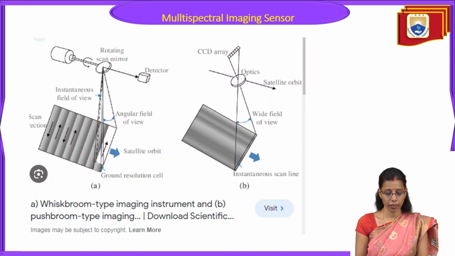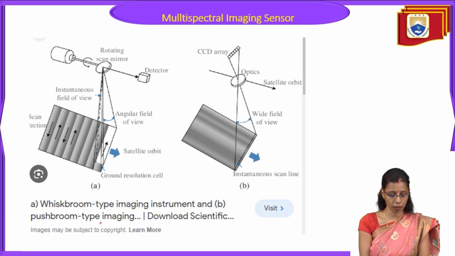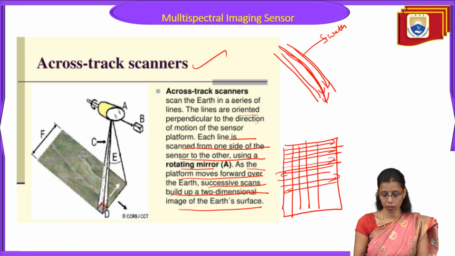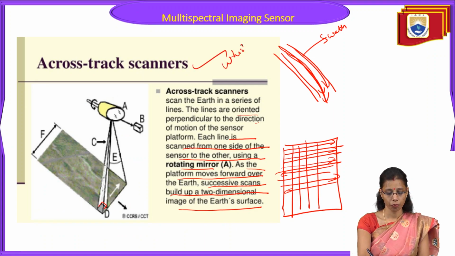Now, multispectral imaging sensors. Here also, it's very clear, A is the whisk broom type imaging instrument, and B is the push broom type imaging instrument. So whisk broom, this across the track scanner, is also known as whisk broom, whereas the along the track scanner is known as push broom.